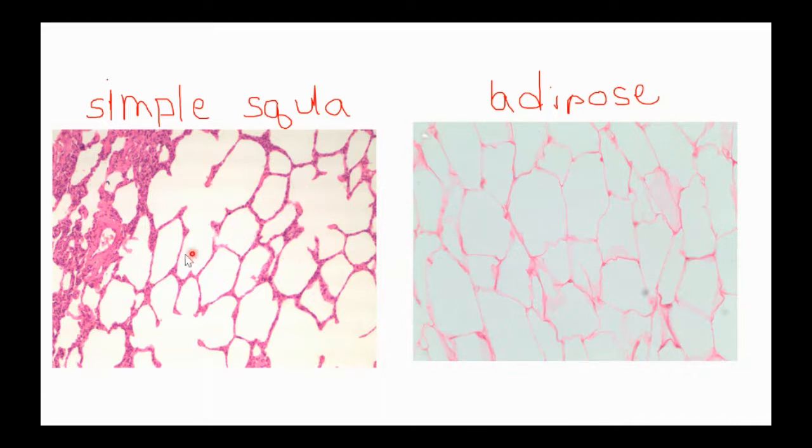We already talked about the open spaces here with simple squamous epithelium. Simple squamous epithelium, what would be in these open spaces here? What would I find inside here in simple squamous? Yeah, exactly. These are the places where we find air. So in simple squamous epithelium, you see open spaces.